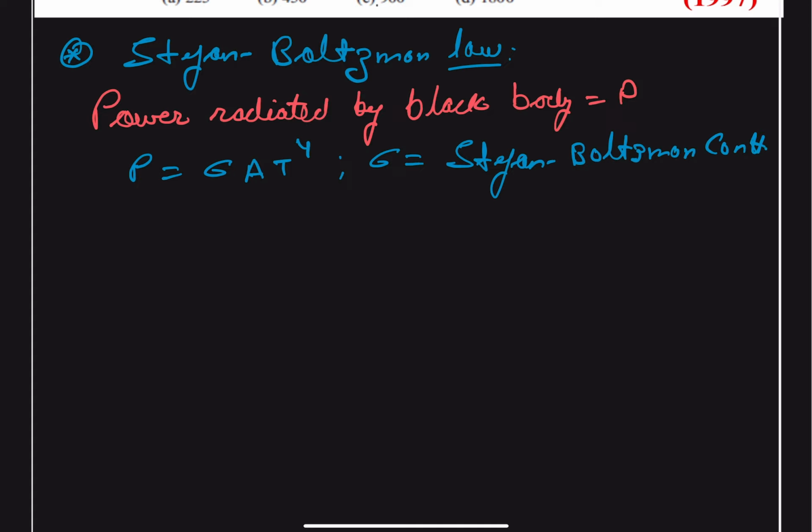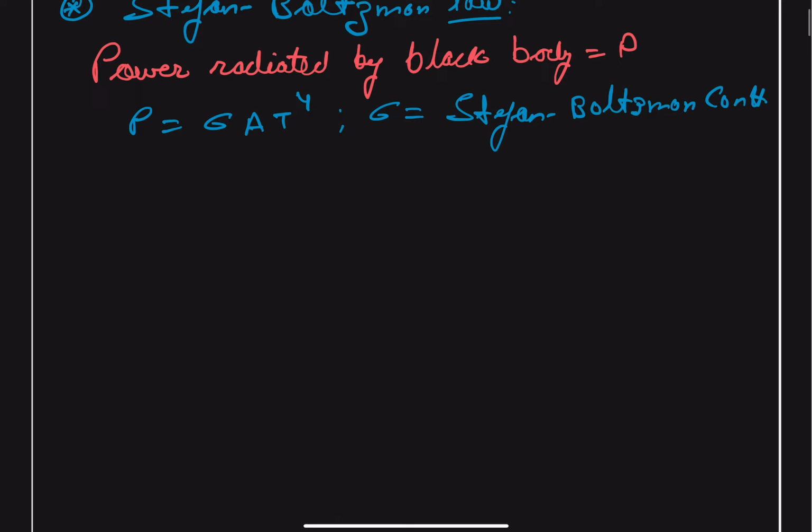A is the surface area, which is equal to 4 pi r square in case of a sphere, and T is the temperature in Kelvin.